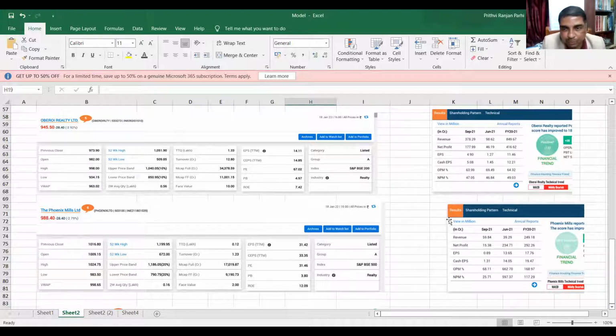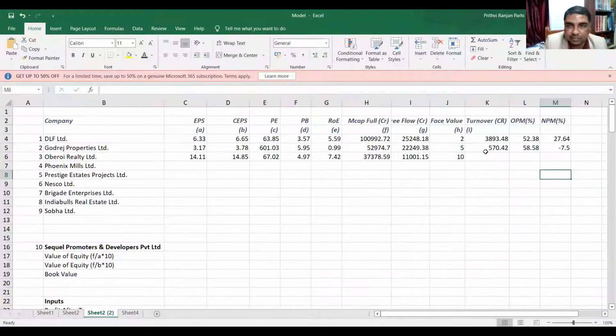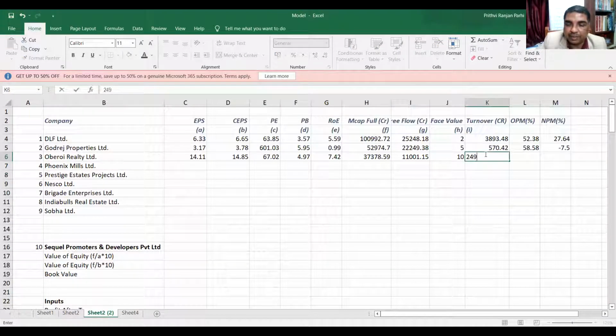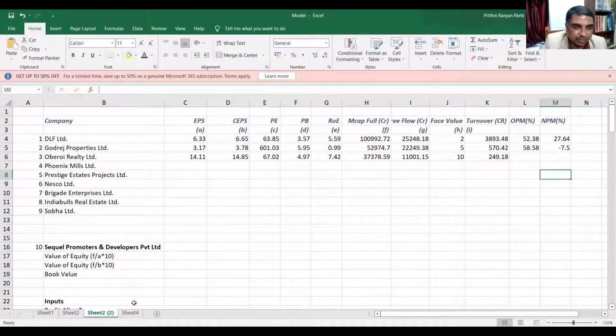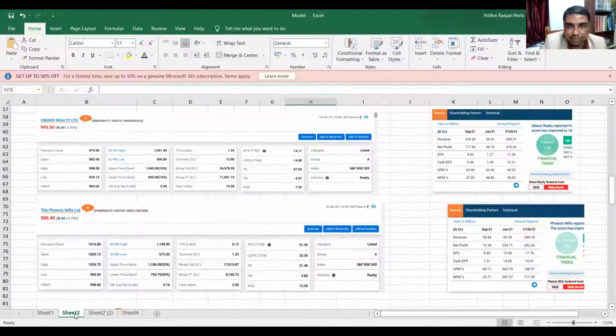For turnover, we can come to this place. How much is the turnover? 249.18. We'll take the annual turnover. Then the profit margins we have to take. You see how much the profit margin is here.